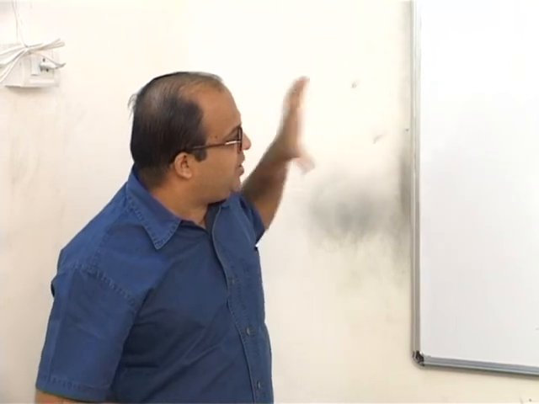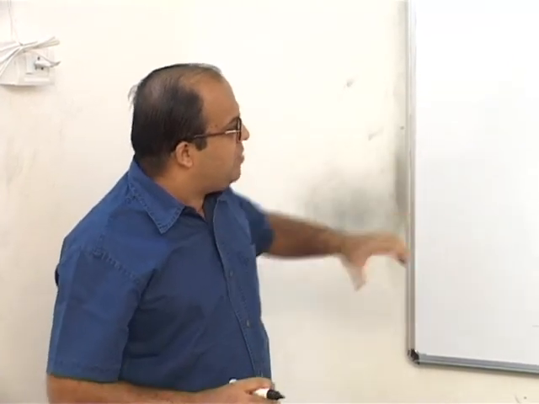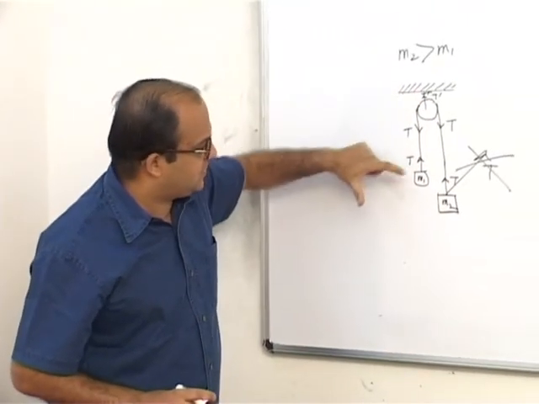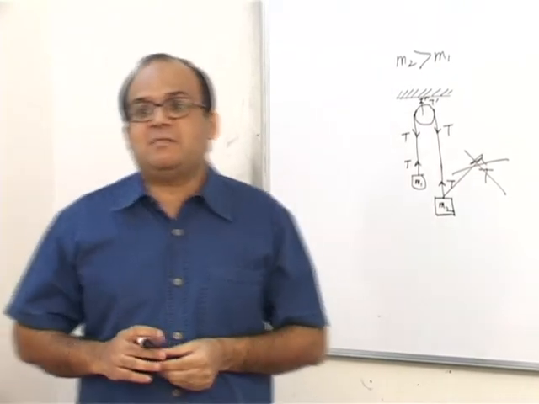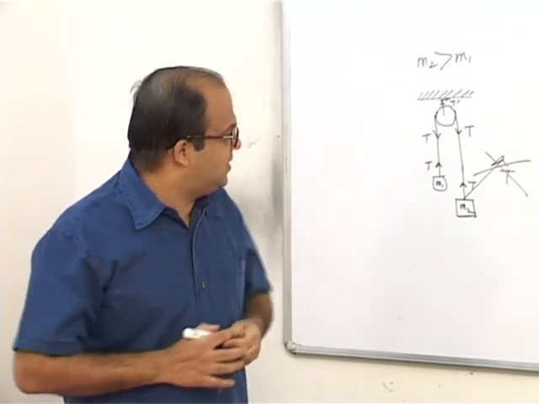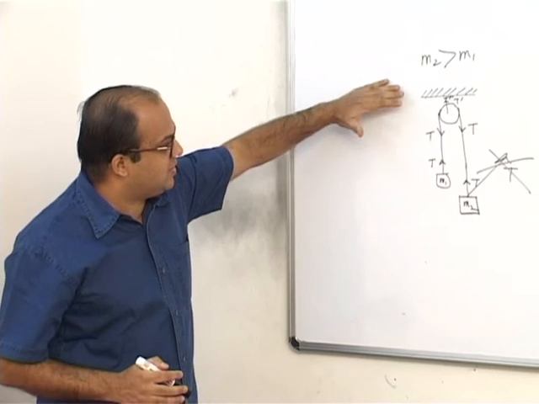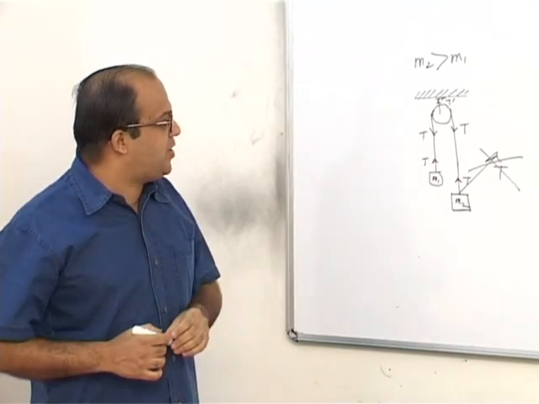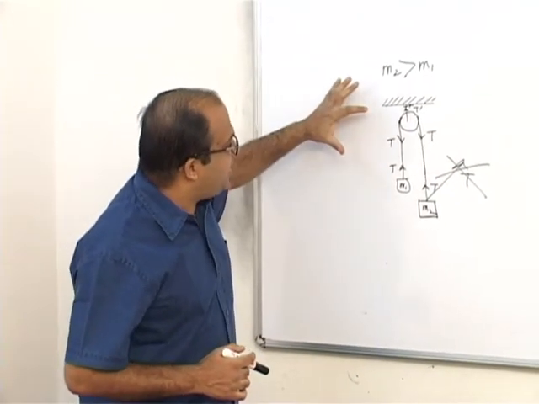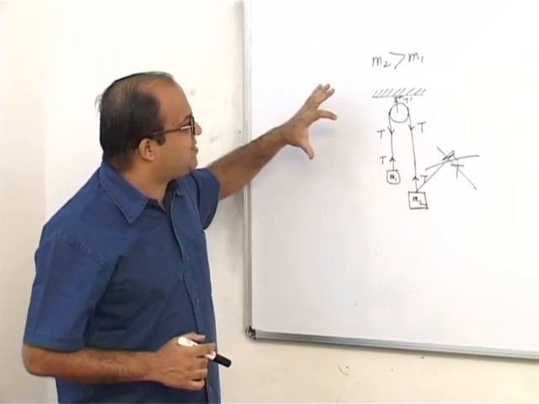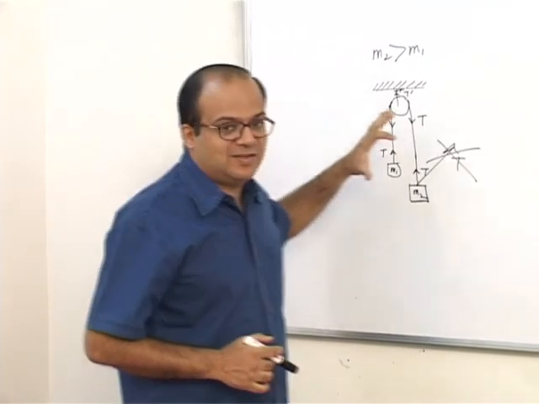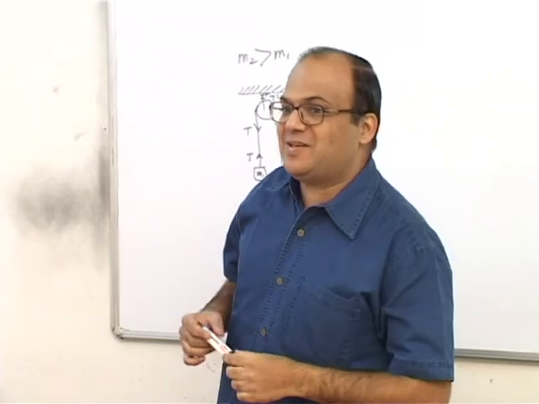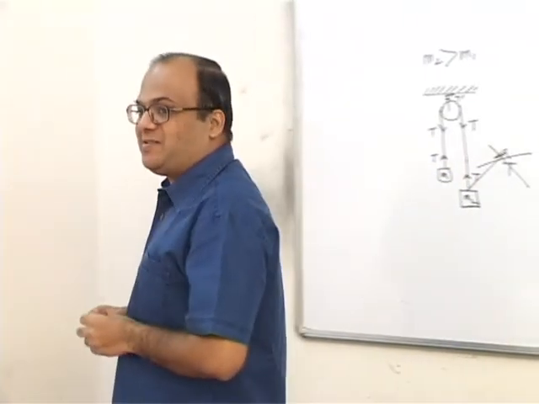Third very important point about tension: for a massless string, where massless means mass can be neglected, tension is the same at all points, provided all the pulleys in the system are massless. For the next 3 months, all our pulleys will be massless.